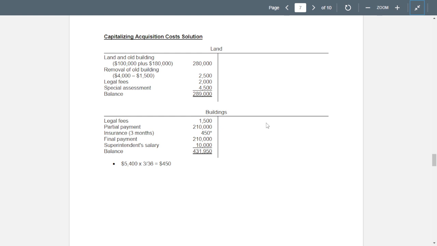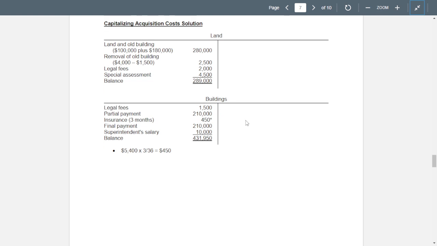Oh. Balance. So, buildings, we have legal fees, partial payment, insurance. Insurance, the fire insurance? Really? That's included? Final payment, superintendent's salary, balance.